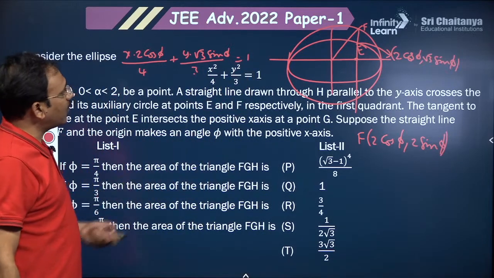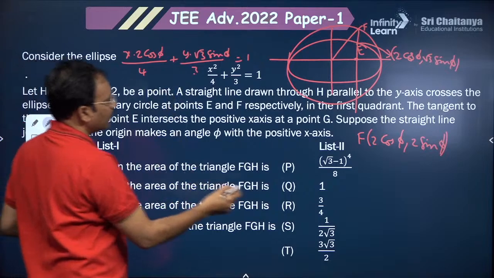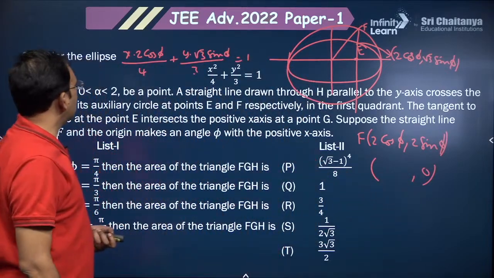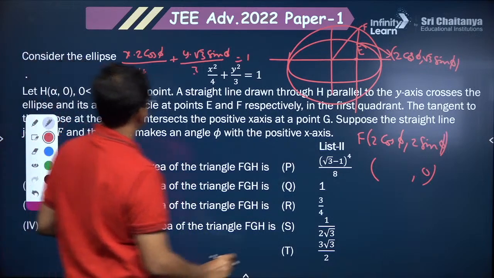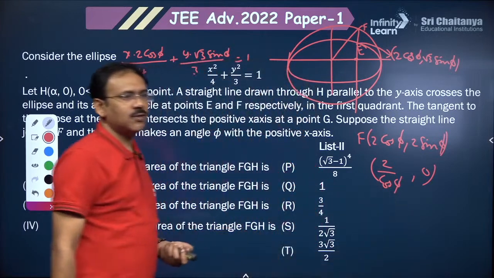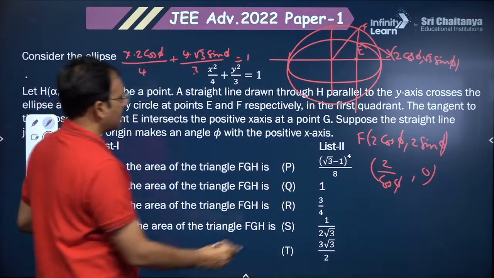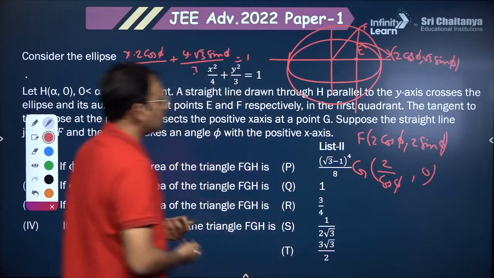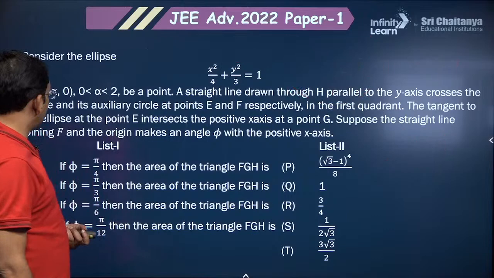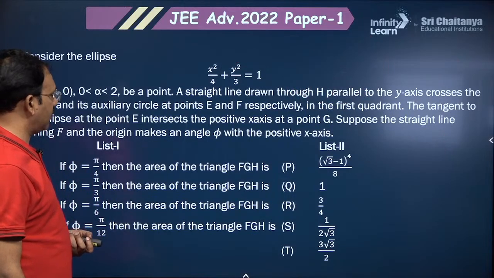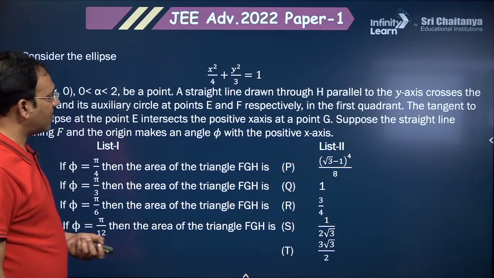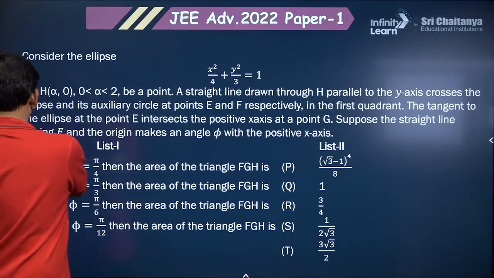We just need the point where it cuts the x axis, so put the y coordinate as 0. So, friends, you are going to get 2 by cos phi, right. This particular point is named G. Now, the straight line joining F and the origin makes an angle phi, he said. Now, he is asking about the area of triangle FGH.